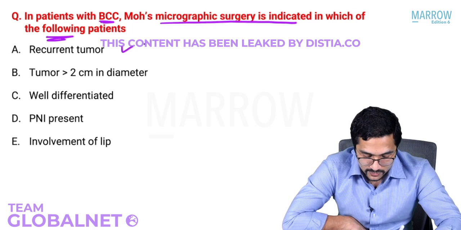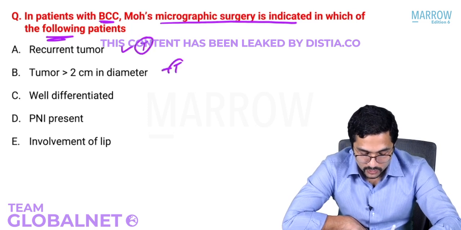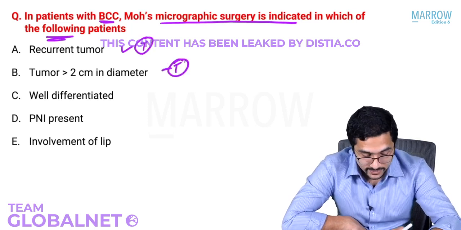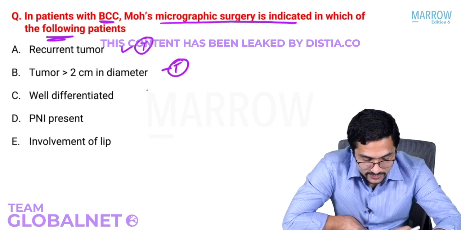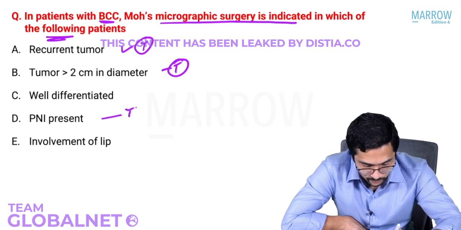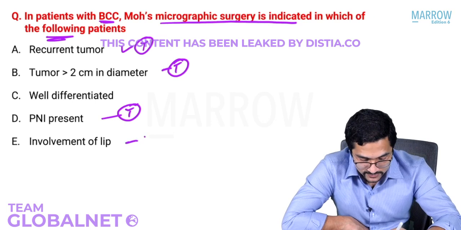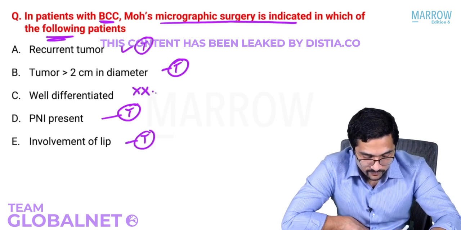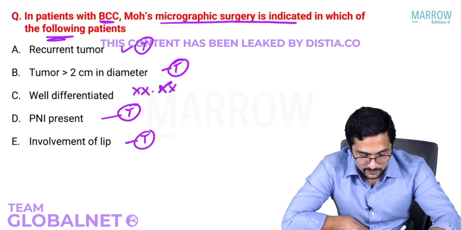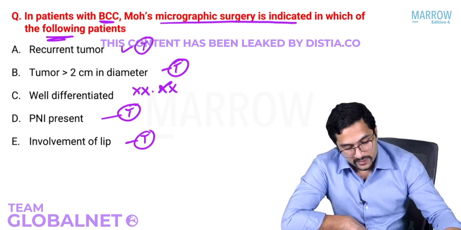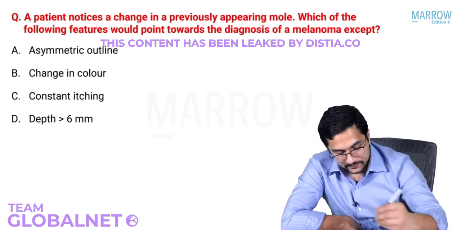Recurrent tumor, yes, it is indicated. Tumor more than 2 centimeters is high risk, it is indicated. Well differentiated tumor, no. Perineural invasion, yes, and involving the lip, it will be done, not when it is well differentiated.